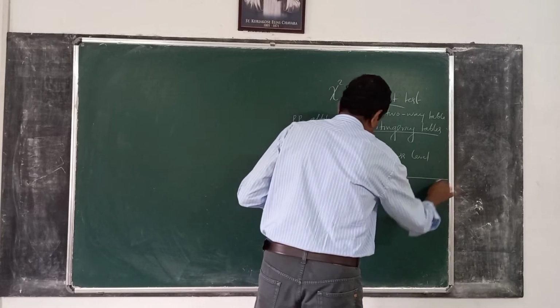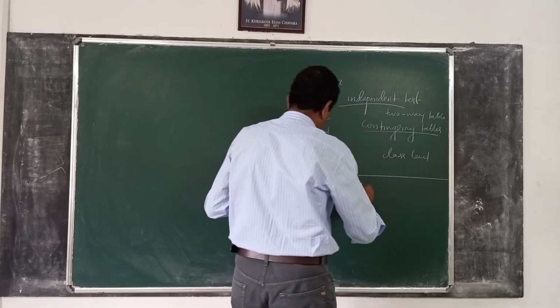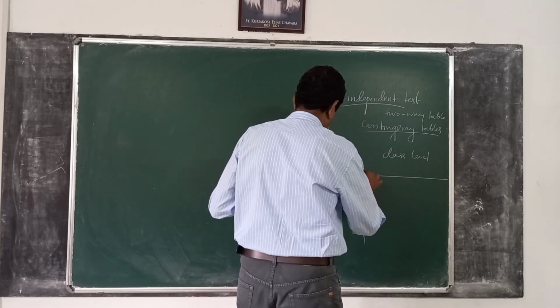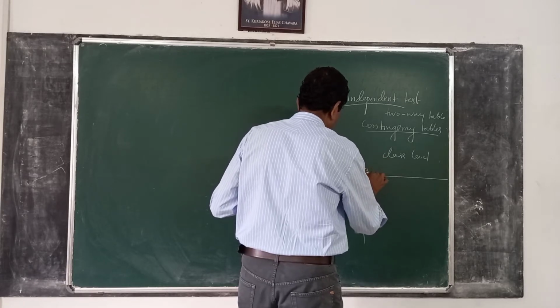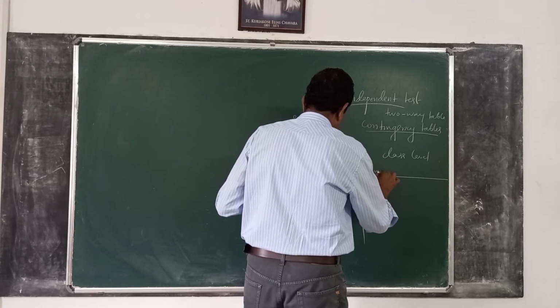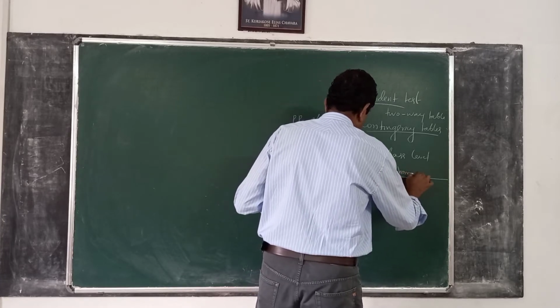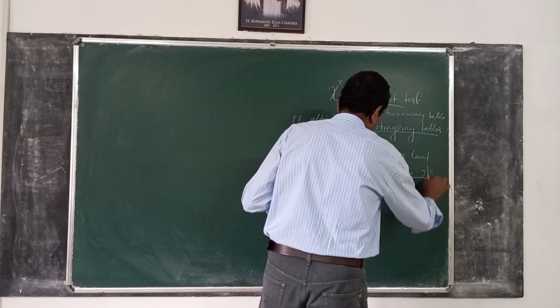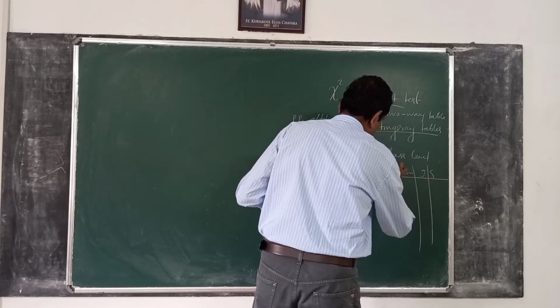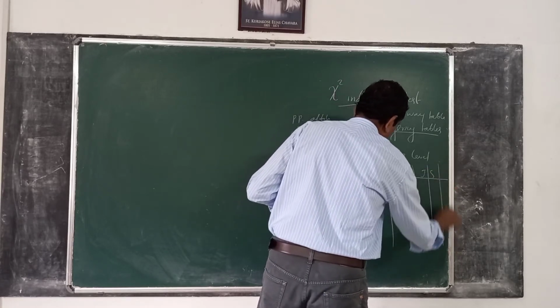We assume that class level has four categories: freshman, sophomore, junior, senior, and this is a total.